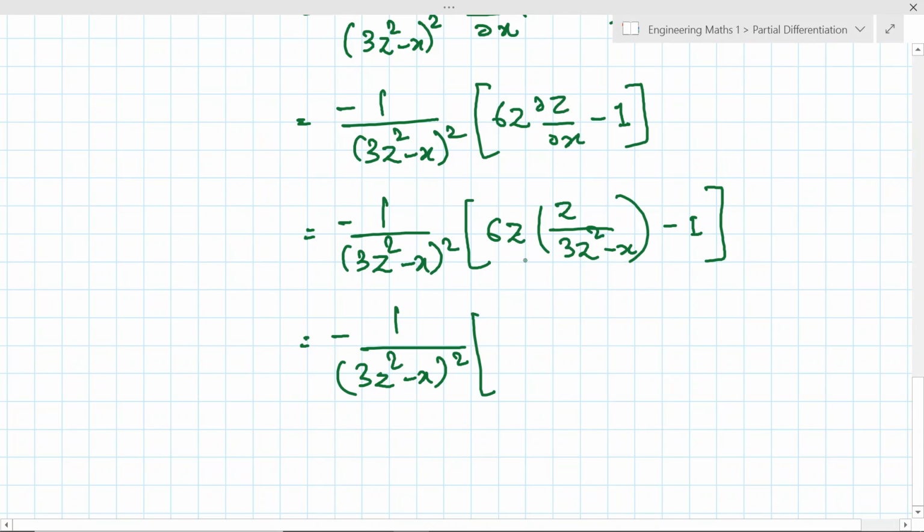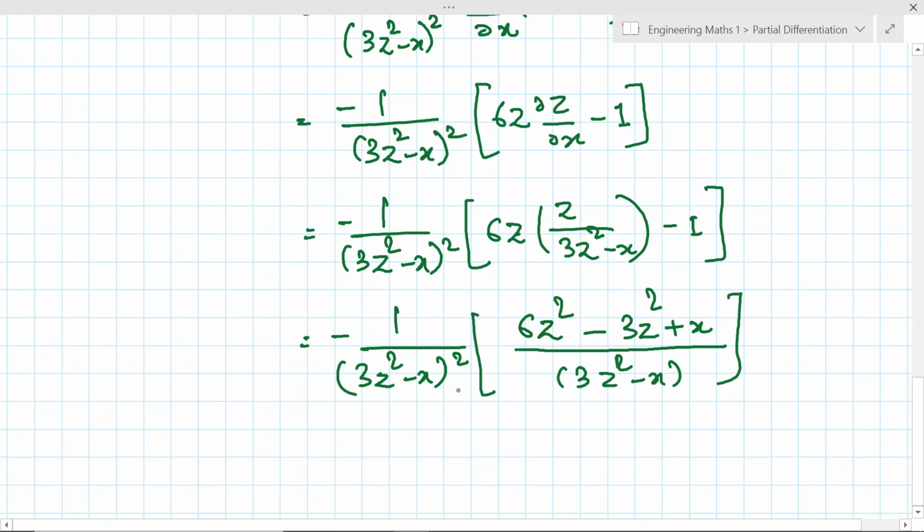Inside the bracket take the LCM: 6z into z is 6z square, minus 3z square minus x multiplied by 1. This is 3z square plus x, divided by 3z square minus x as it is. If we combine these two, we get 3z square minus x bracket cube, and 6z square minus 3z square is nothing but 3z square.